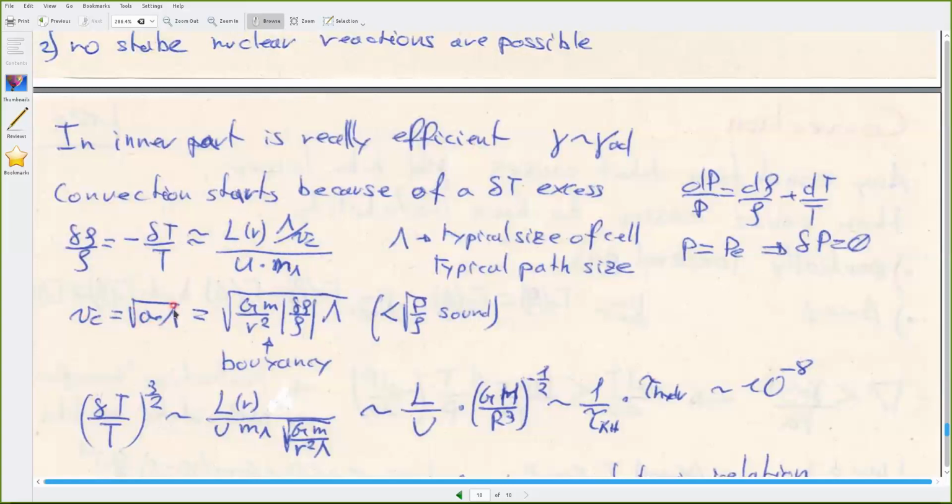Velocity can be calculated by moving, starting from 0, and arriving at a certain position. So the acceleration multiplied by the typical path size, as said before, is the gravitational acceleration multiplied by the relative difference in density, multiplied by lambda, which must be smaller than this value, because otherwise the pressure cannot be constant in the movement.